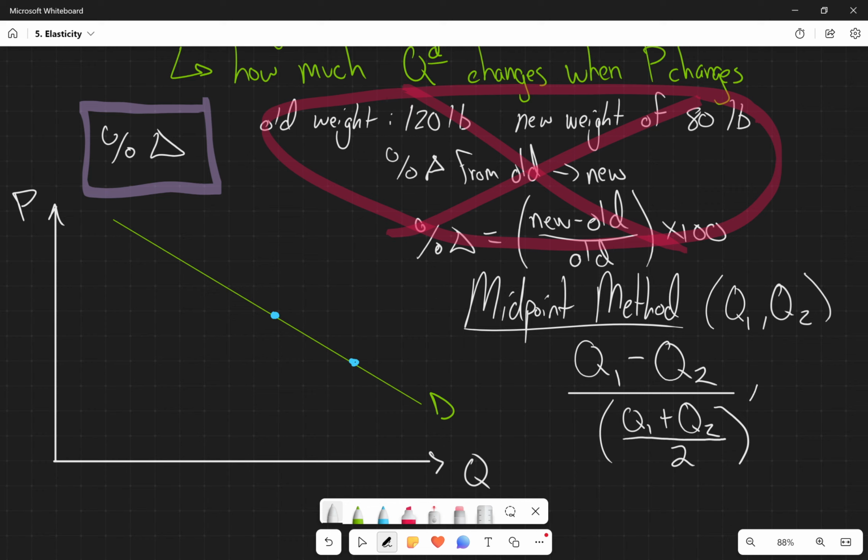Then we multiply the whole thing by 100. That's going to get us the proper percentage change for the remainder of this class. Questions on our midpoint method for evaluating percentage changes?